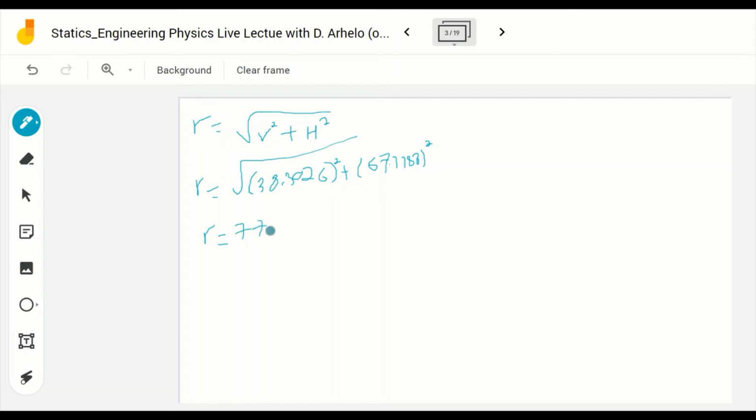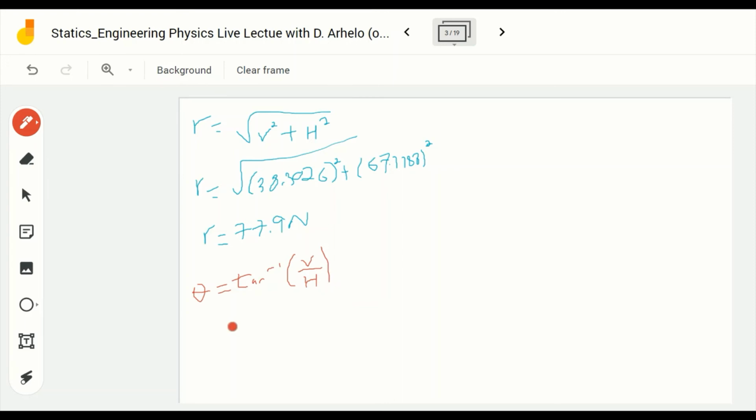Newton. So that is the magnitude of the vector. Now I have to find the direction. To find the direction, we use theta equal to tan inverse of V over H. The V is your total vertical component and your H is your total horizontal component.